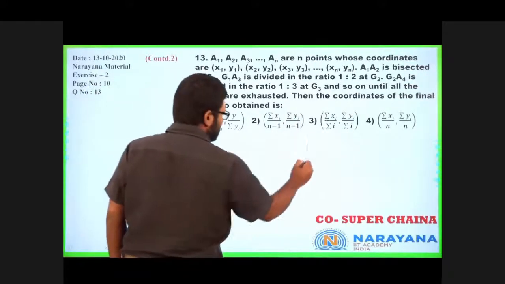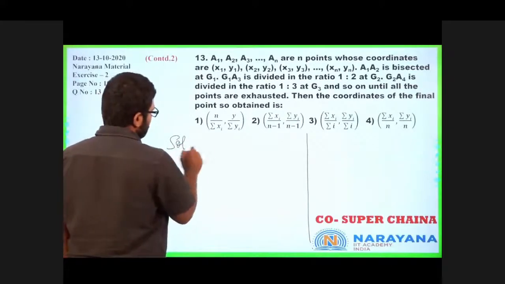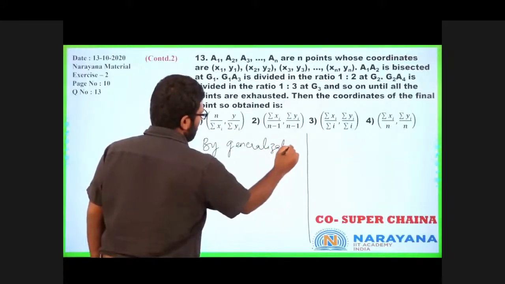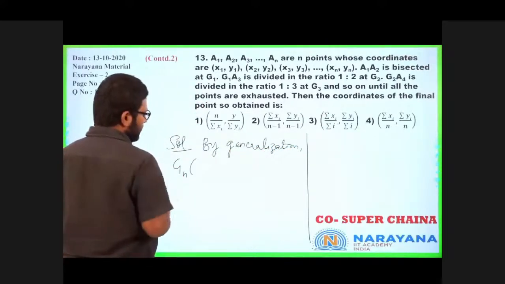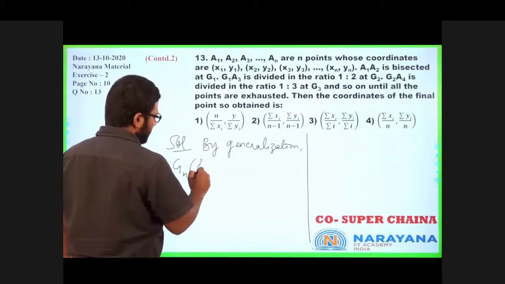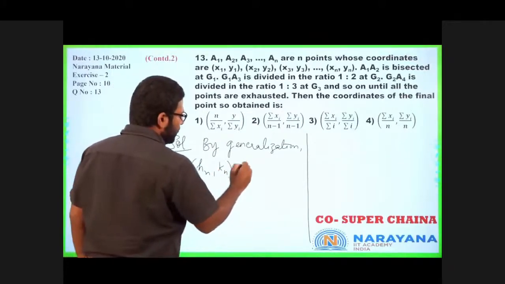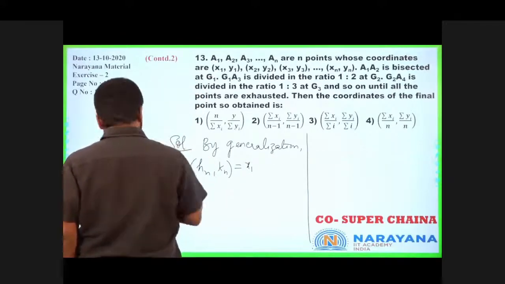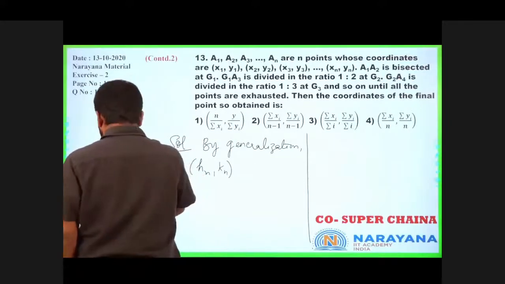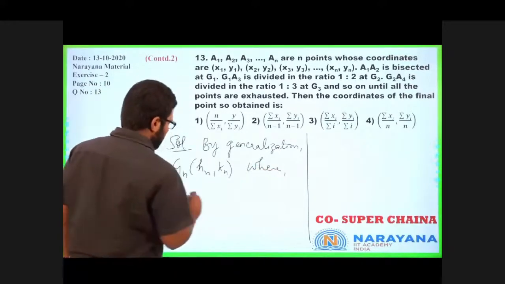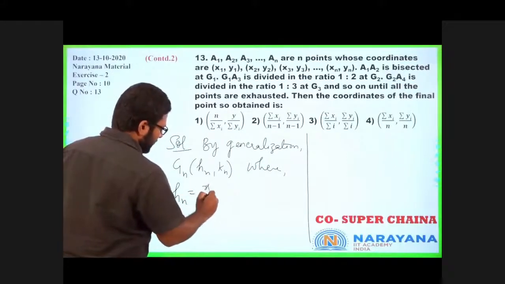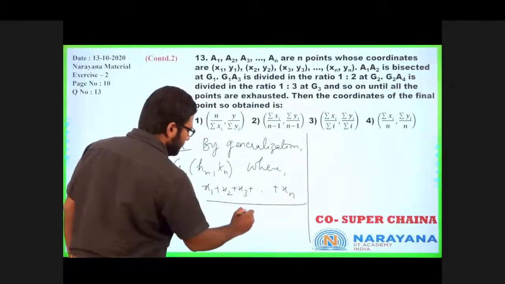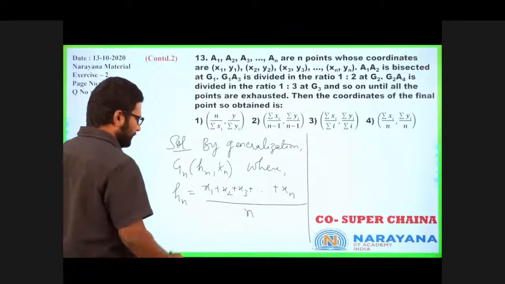So by generalization, Gn, the nth point, which is Hn, Kn, would be where Hn would be what? x1 plus x2 plus x3, up to xn, divided by n, right?